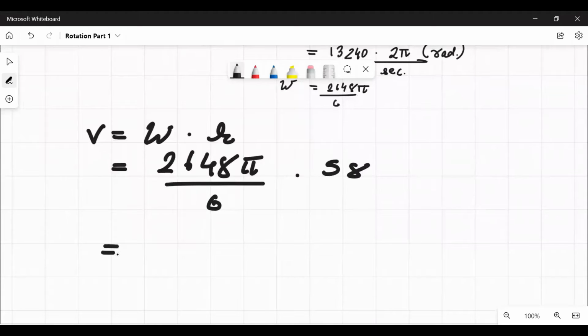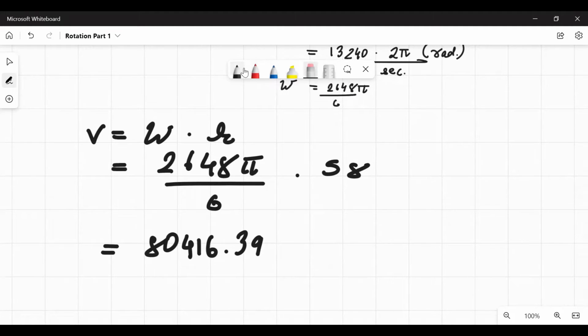If we calculate that, we are going to get 8,416.39, and now we are going to convert this. Before we convert it, let me tell you what this unit is.